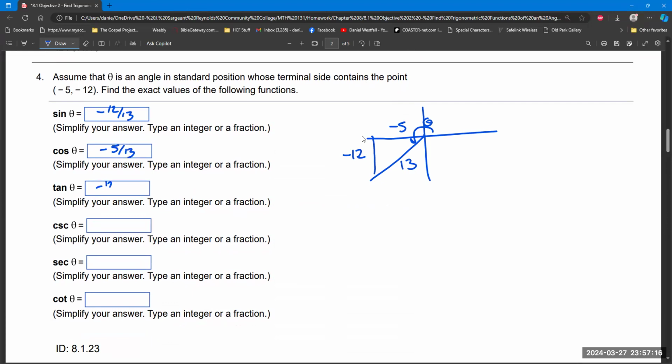Tangent is negative 12 over negative 5. Negative divided by a negative is a positive, so that's 12 over 5. Cosecant is the reciprocal of sine, negative 13 over 12. Secant is negative 13 over 5. Cotangent is 5 over 12.